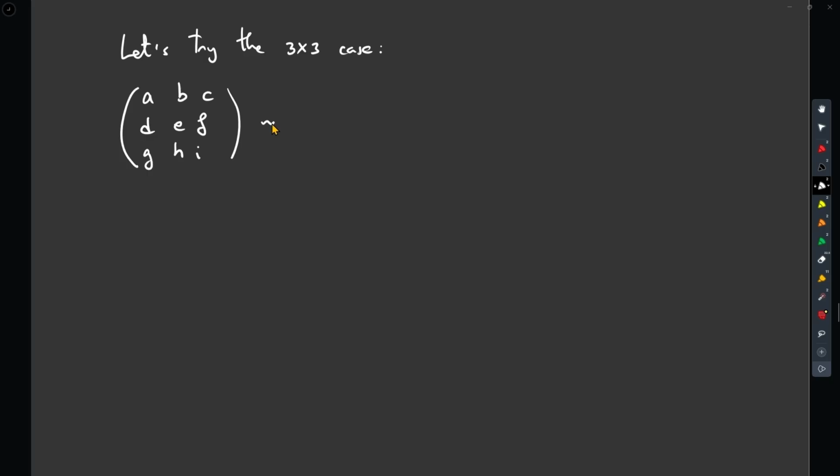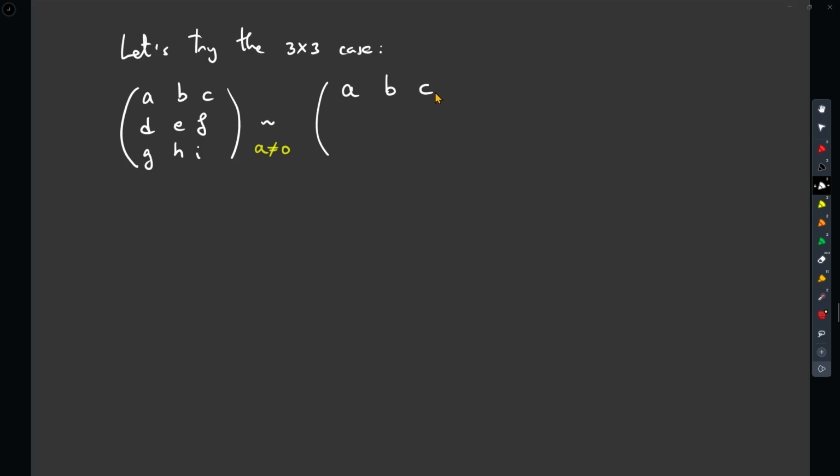Once again, I can assume that one of these three numbers, A, D, G, is non-zero. I could proceed in different ways if A was 0 but D was not, but for the sake of this argument, let's say A is non-zero, so that the very first element is going to be a pivot. Otherwise, I can also switch rows if necessary.